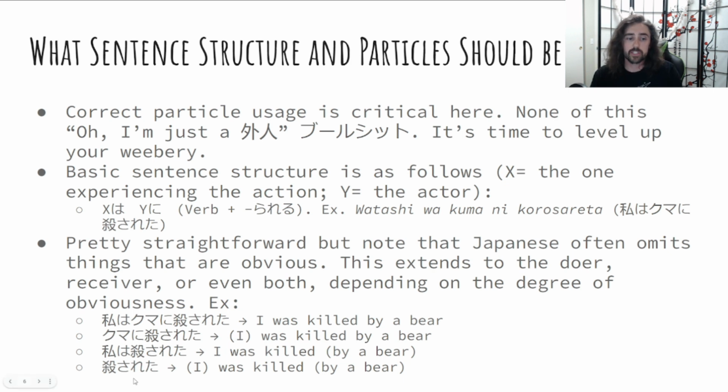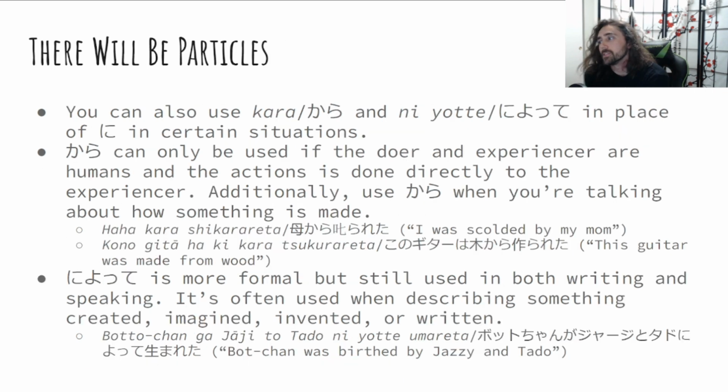Or you could just say 殺された. If it's obvious that you were killed by a bear, then you can just say 殺されたよ. That's important to note if you're not familiar with this idea: parts of sentences are often omitted in Japanese if the context is obvious. Particles. We're going to talk quite a bit about particles.